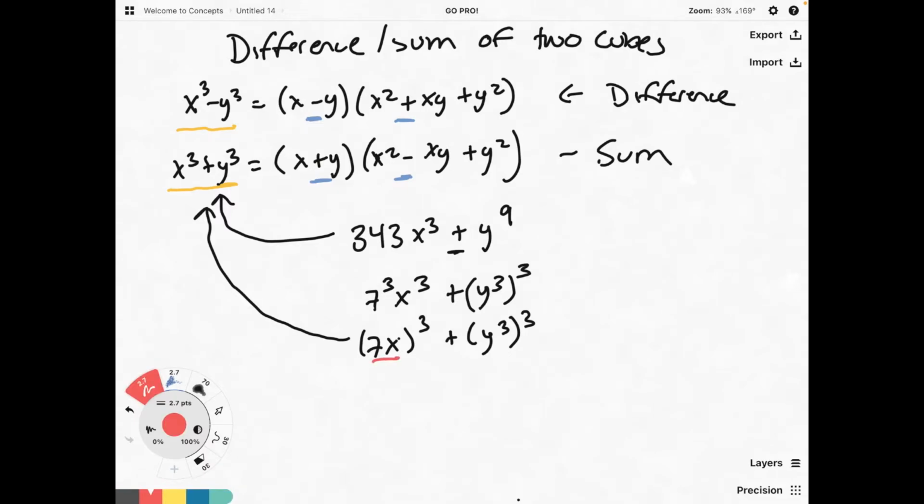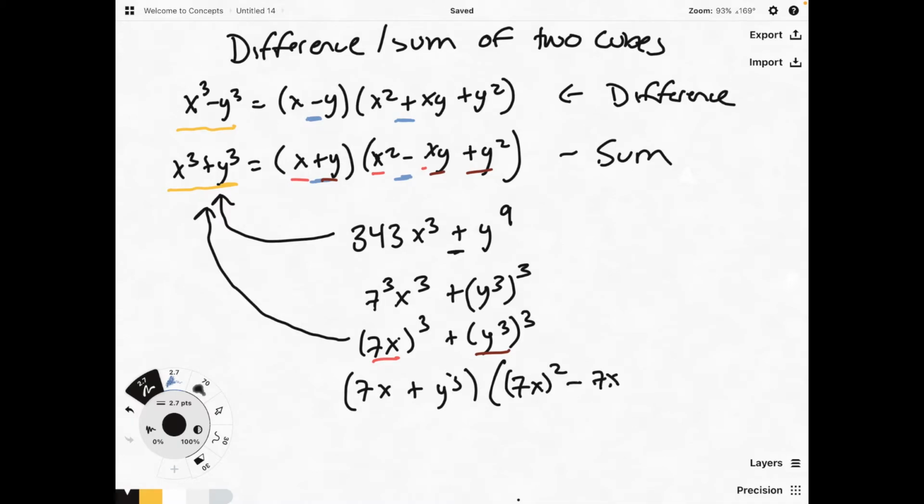We have this x value, which needs to go into each one of these x's, and we have our y value, which needs to go in each one of these y's. Let's do that. We have 7x plus y cubed multiplied by 7x, that quantity squared, minus 7x multiplied by y cubed plus y cubed squared.